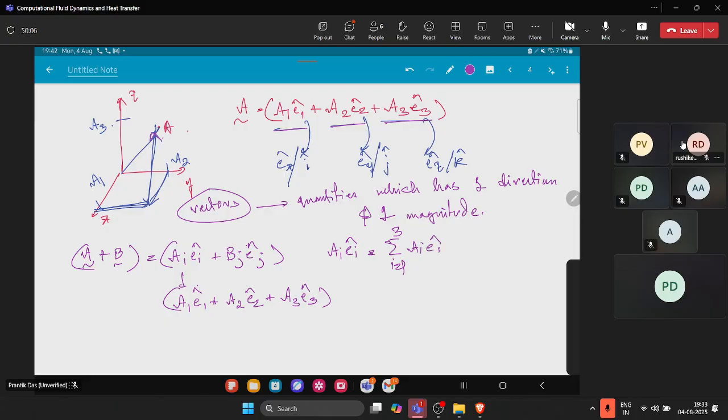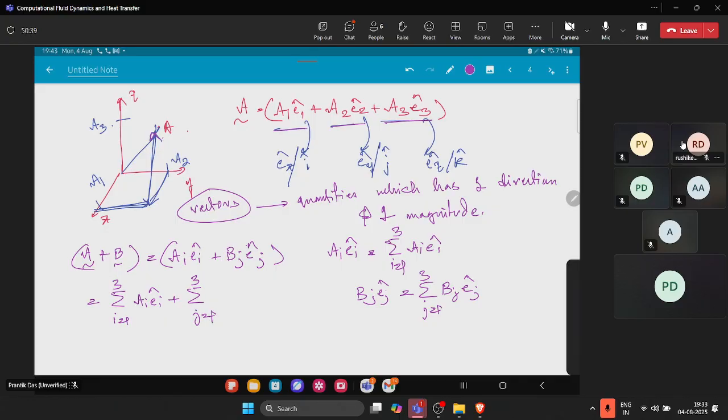Okay. Similarly, if I use this J coefficient, this is equal to the sum over J equals 1 to 3 of BJ EJ cap. So if I add these two quantities, this will be equal to sigma I equal to 1 to 3 of AI EI cap, and sigma J equals 1 to 3 of BJ EJ cap.